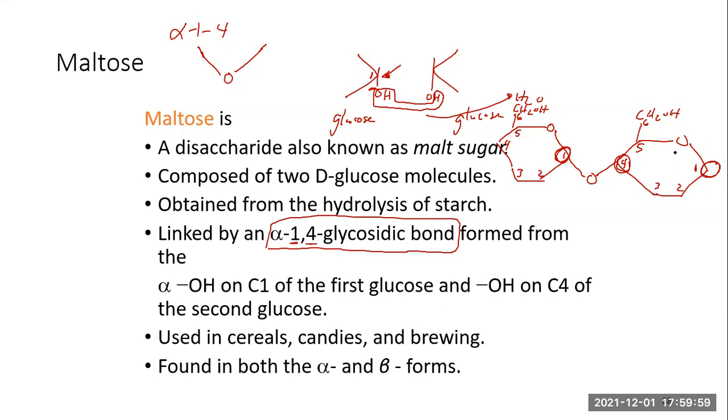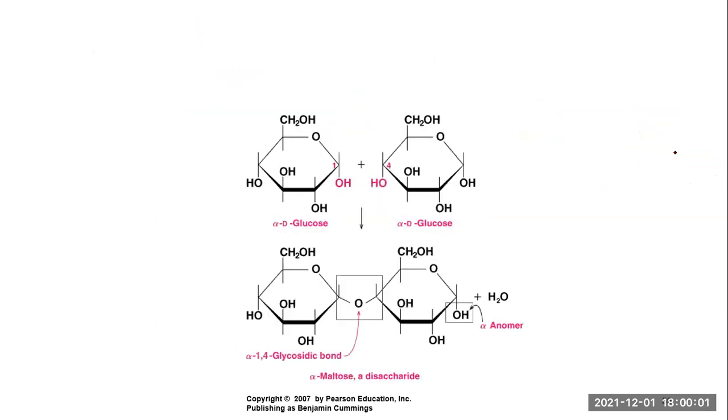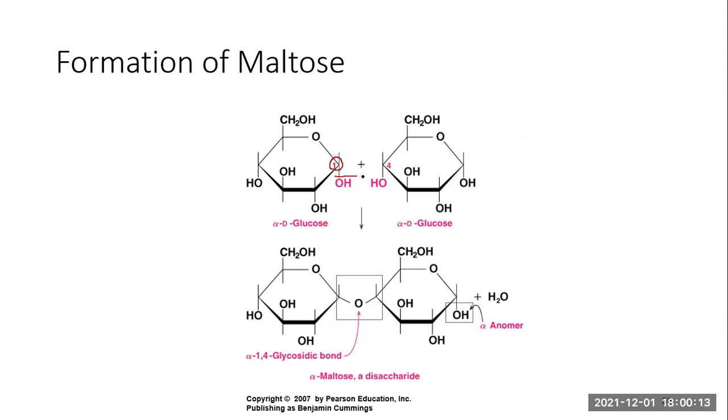So let's take a look at a prettier picture than what I scribbled together there. So here we have our two glucose molecules. Remember, carbon number 1 is where we have our alpha. And this is where the connection is going to be, again, the removal of water here.